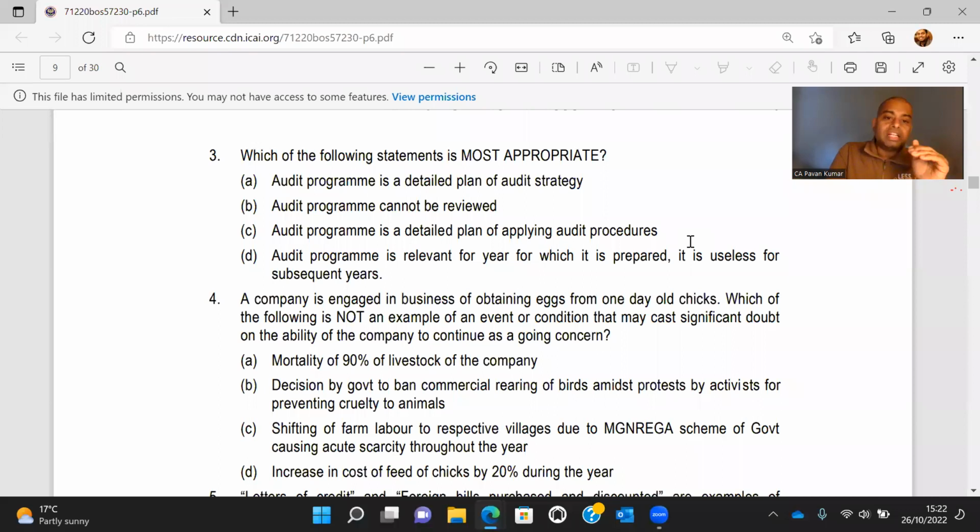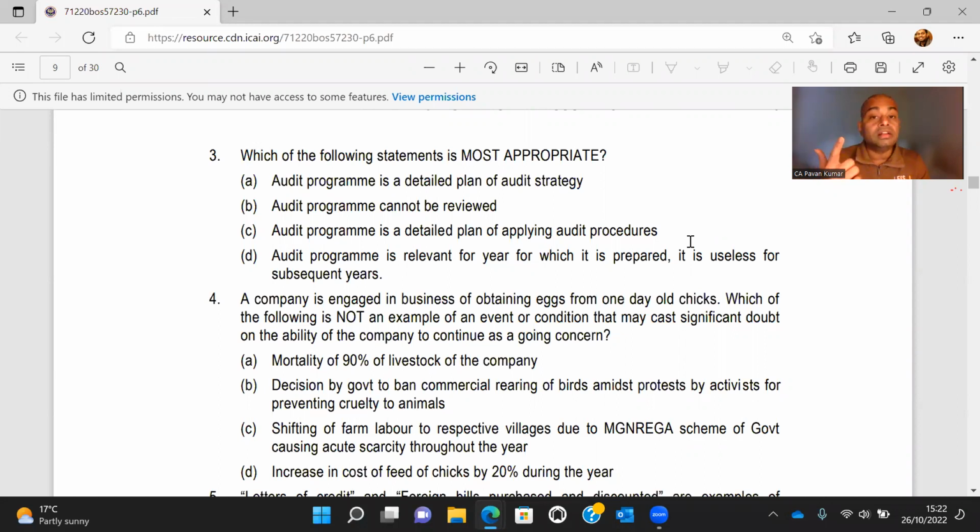But try to understand, audit program deals with the details of what is to be done, how it is to be done, by whom it is to be done. What is audit program? Audit program is a detailed document of what is to be done, the audit objective to be achieved in a given situation, the audit assertion to be achieved.